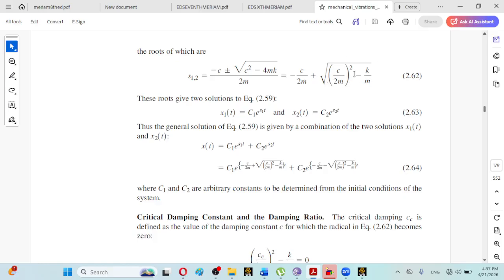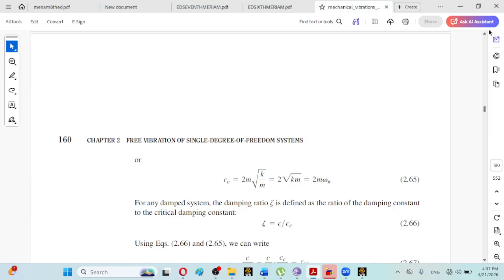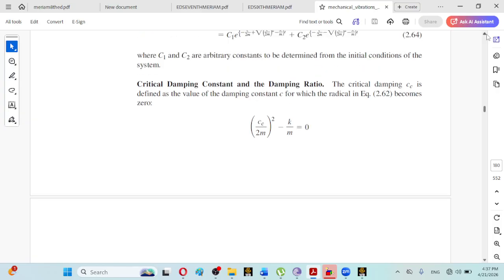So for the critical damping constant, if the whole term under this radical sign, or square root sign, is equal to 0, then we can say the value of c will be equal to the critical damping constant. Remember, this is the definition: that value of the damping constant which makes the term under the radical sign equal to 0.